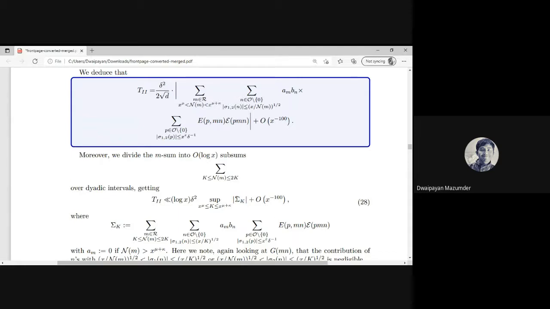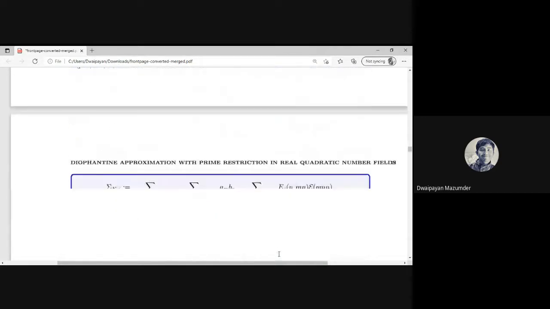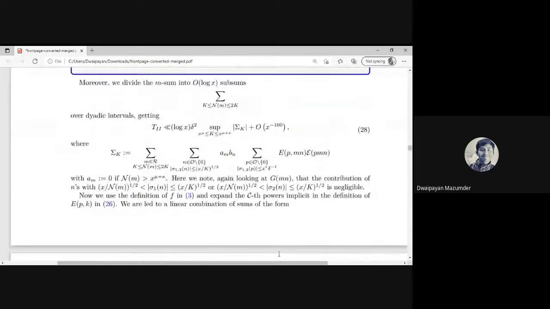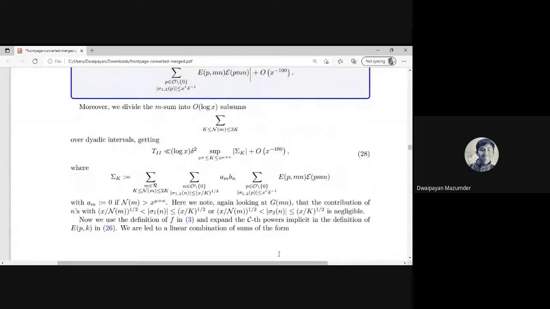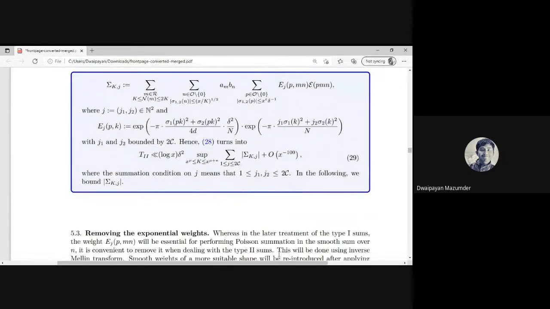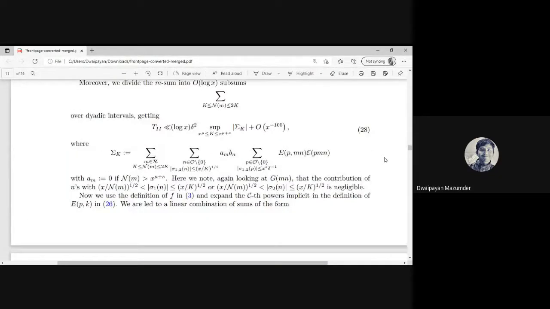is actually showing one part, and if you use this one and expand everything here, expand this f definition and everything, you will get this thing here, sigma k j.